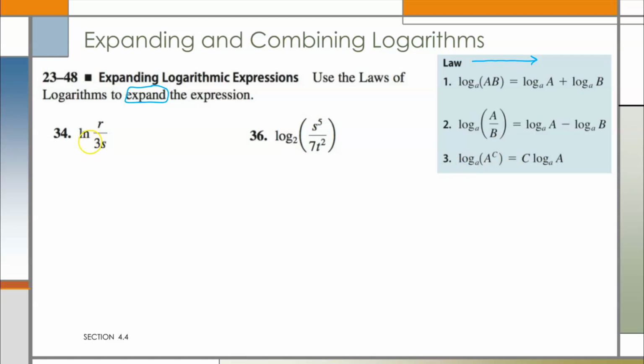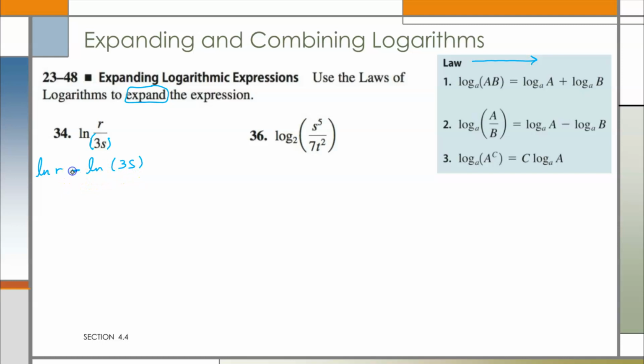Okay, so let's look at problem number 34. We're going to start out with just the division. If I have a division, we separate out using subtraction. Now I put parentheses here because it's the 3 and the s that belong in the denominator.